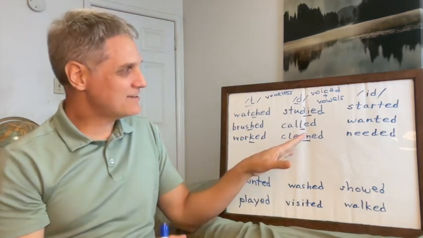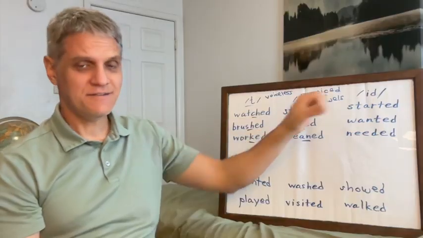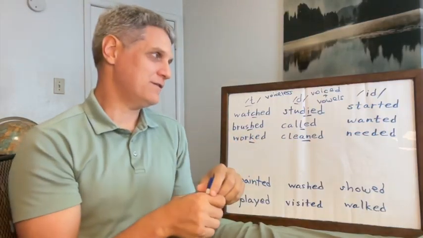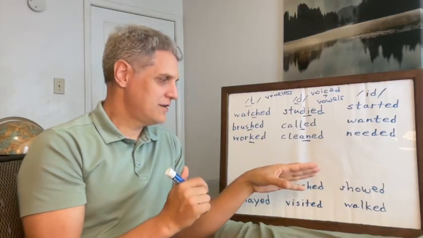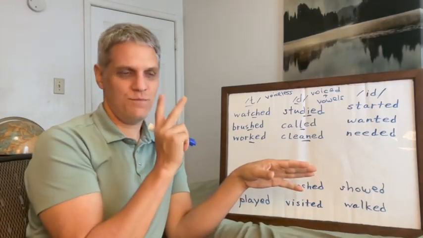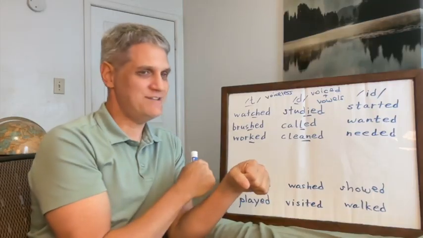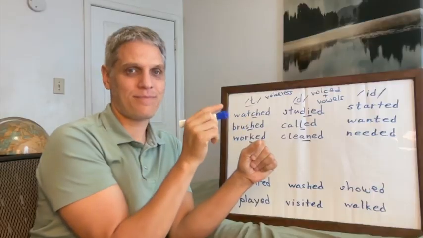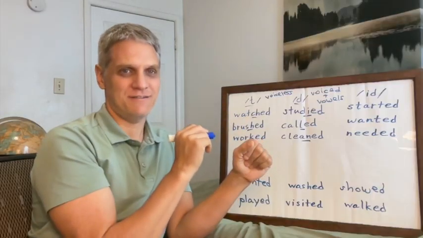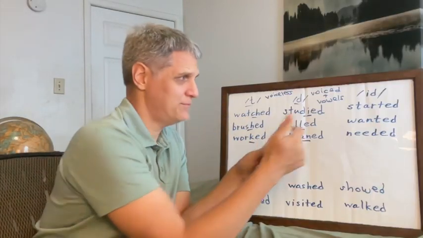All right, and the last sound here, we get this id sound. Id is a very special case. It only comes after two sounds. And who can tell me what one of those sounds is based on this? Omar, yes. Good.